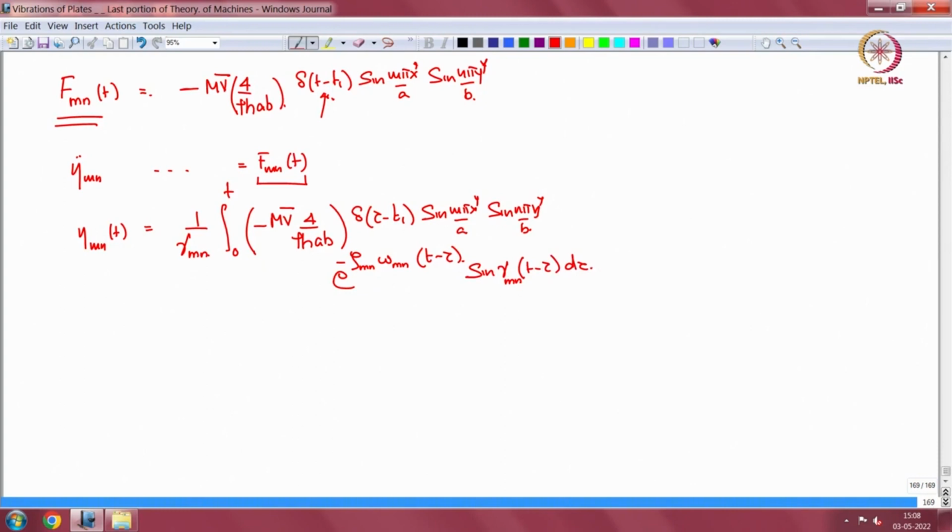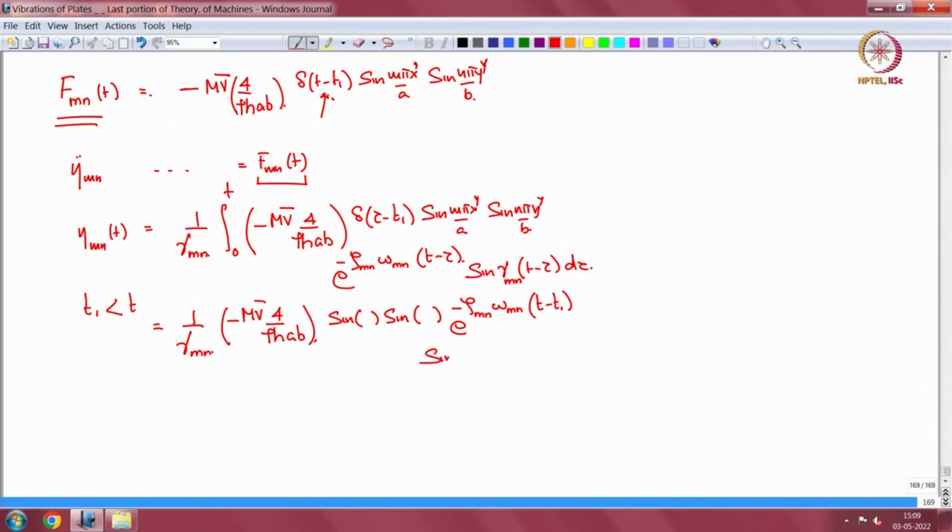Okay, and if t1 happens to be less than t, then we will get 1 over gamma mn minus mv bar 4 by rho h a b, okay, sine m pi x star by a sine n pi y star by b e to the power of minus zeta mn omega mn (t minus t1) sine gamma mn (t minus t1). Okay. So that's the eta mn.